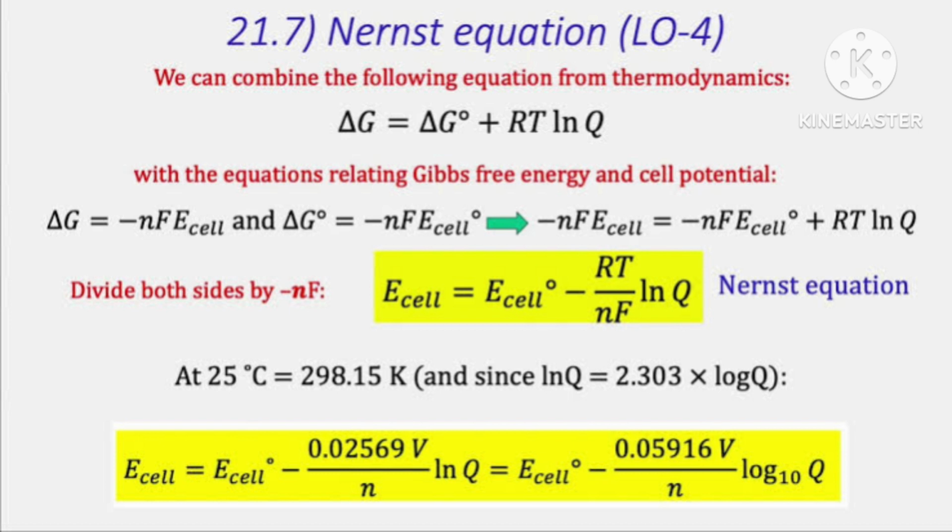Then E standard cell is equal to 2.303 RT divided by 2F log of the concentration of zinc ion divided by the concentration of cupric ion.